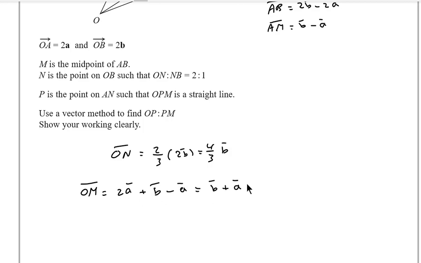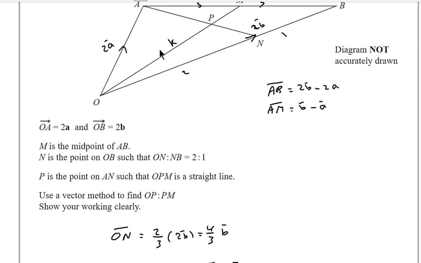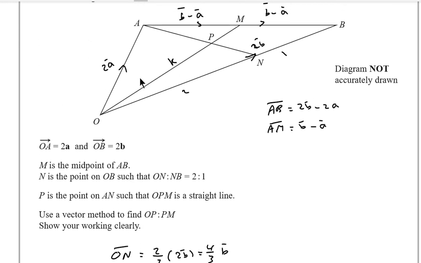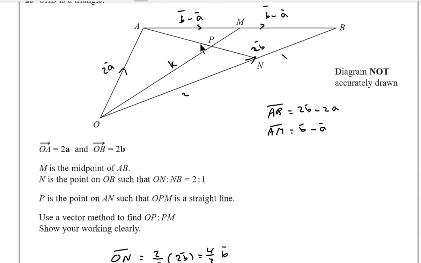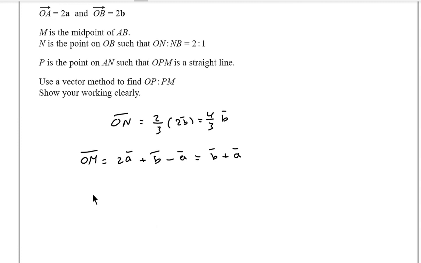And as we suppose that this part is k, we can write OP vector as k multiplied by OM, which is ka vector plus kb vector. This is equation number 1.